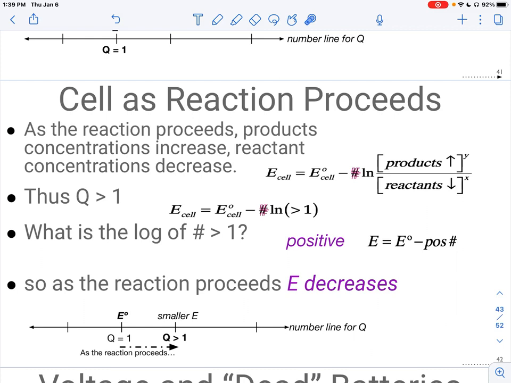Product concentrations increase and reactant concentrations decrease. So this is going to go up, this will go down, and then Q will become greater than 1. A number greater than 1 is going to have a positive log. So when you plug it into our Nernst equation, the log will be a positive number, and so E is going to be lower.